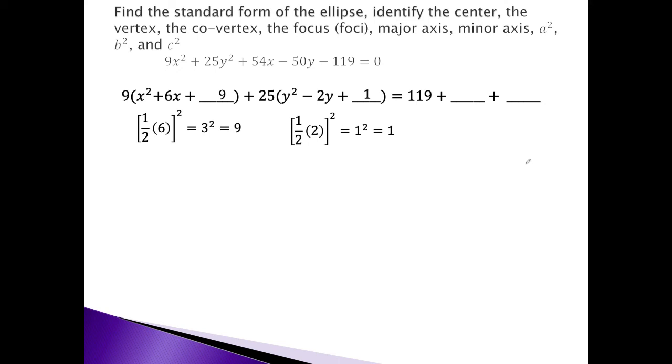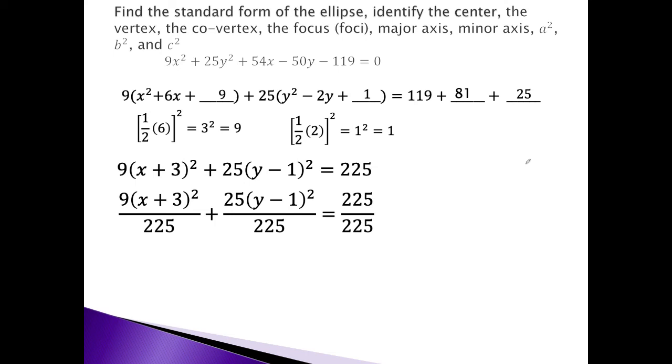When we actually added the 9, that's actually 9 times 9, which is 81. When we added the 1, that was actually adding 25. When we factor things down, we have 9 parentheses x plus 3 squared plus 25 parentheses y minus 1 squared equals 225.